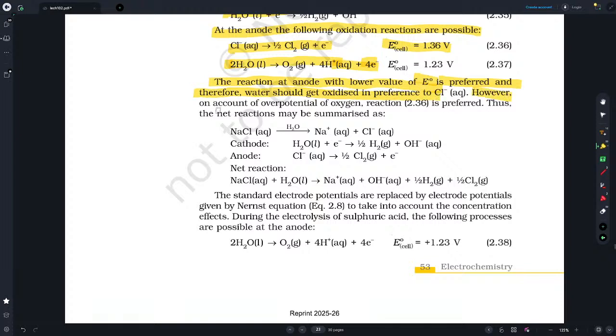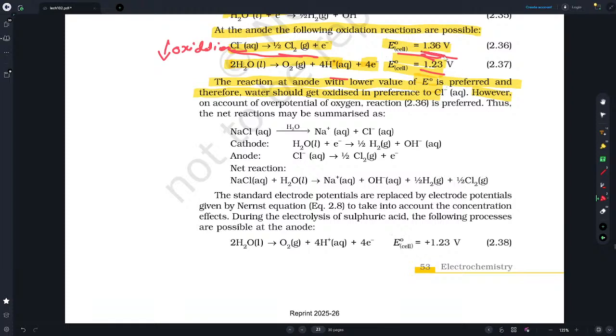However, remember, this is what is happening at anode. Oxidation is taking place at anode. Oxidation means it is losing electrons. What they gave here is reduction potential. So if the reduction potential is really high, oxidation will be really low. This tendency for chloride ion to undergo oxidation is less compared to water undergoing oxidation.